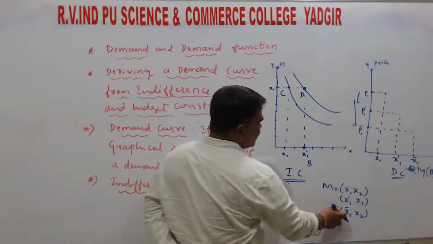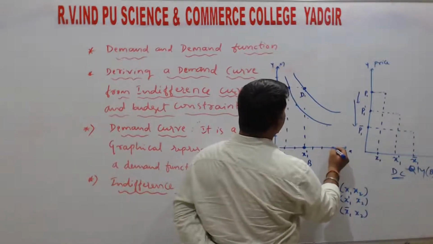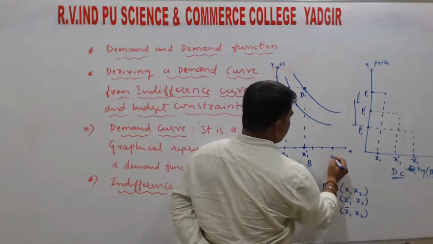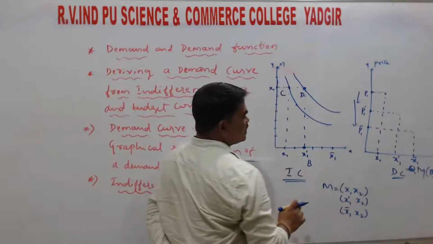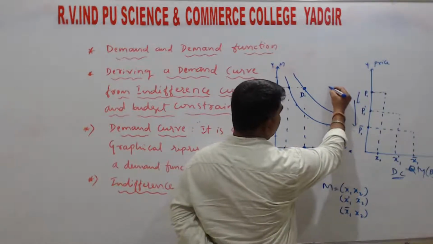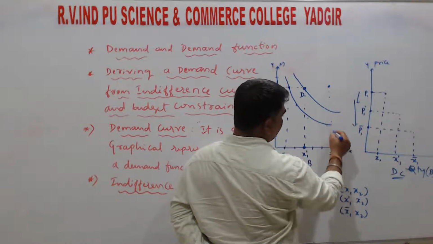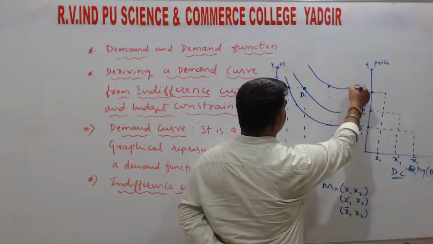So what is the new quantity here? The third one, that is here. This is the new quantity of banana because there is a further reduction in the price of the banana. So here the new bundle is here. You will get a curve like this.